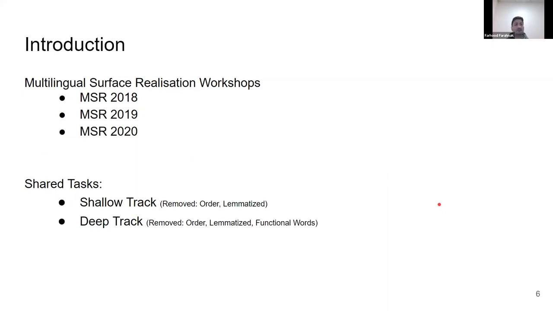The Multilingual Surface Realization workshops, held for three years, aimed to gather researchers focusing on surface realization. They held shared tasks to help the advancement of research in this area. The shared tasks were to generate the surface form of sentences from an underlying representation.